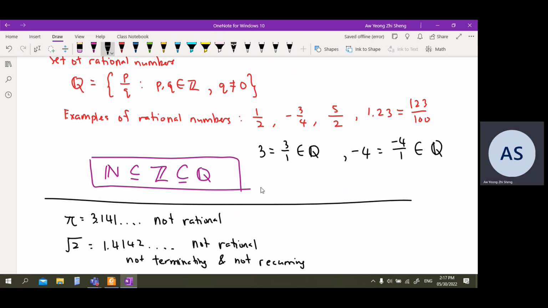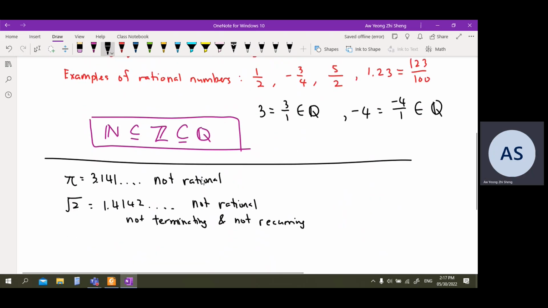And so mathematicians have decided to introduce a name known as real numbers to contain all the rational numbers and all the irrational numbers. Pi and square root of 2, they are not rational. They are also known as irrational numbers.